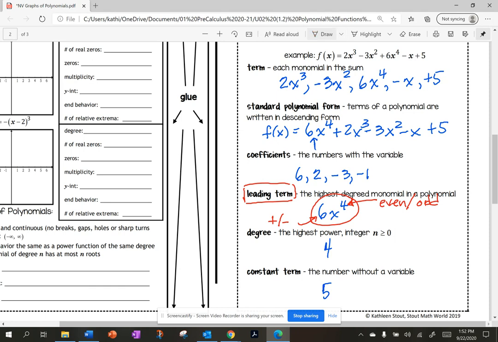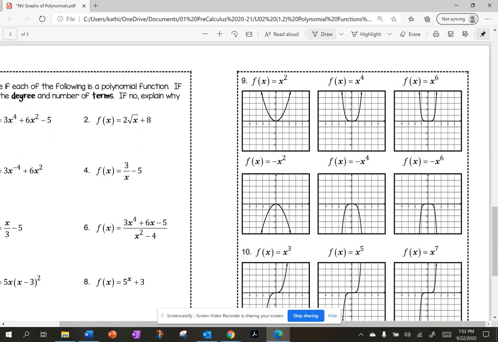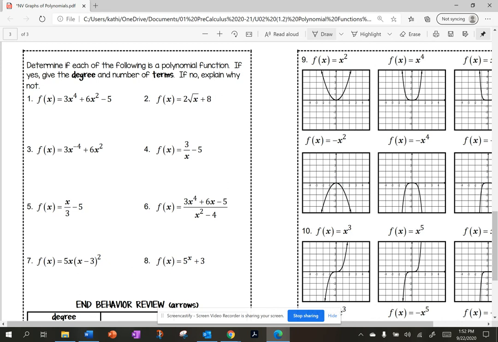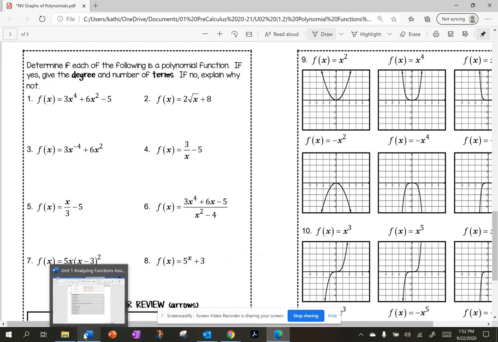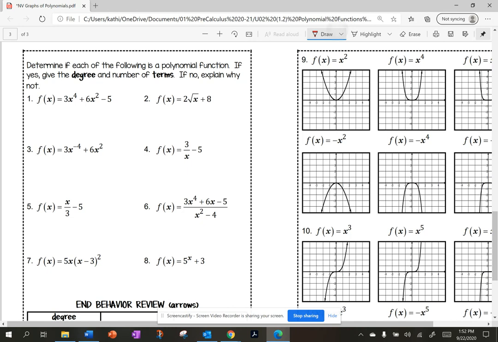All right, so let's start with identifying what is a polynomial or is not a polynomial. And if I know that it is a polynomial, I want to state both the degree and the number of terms in that polynomial. So let's start with number 1.